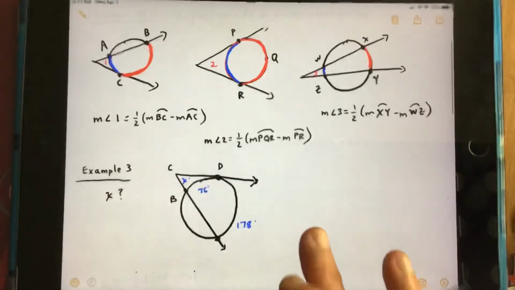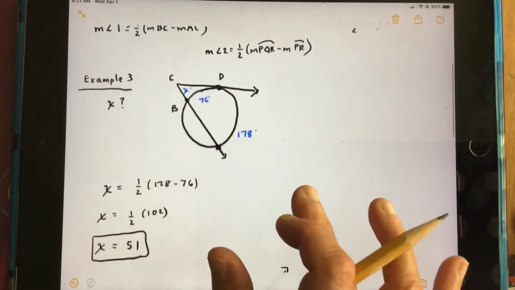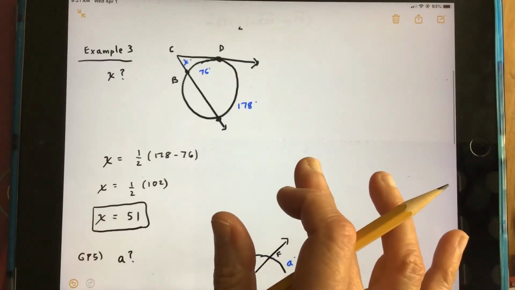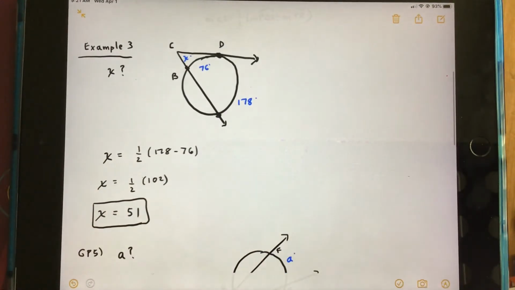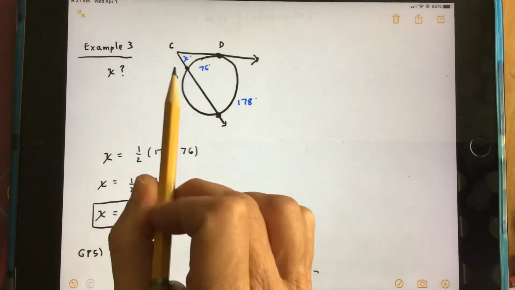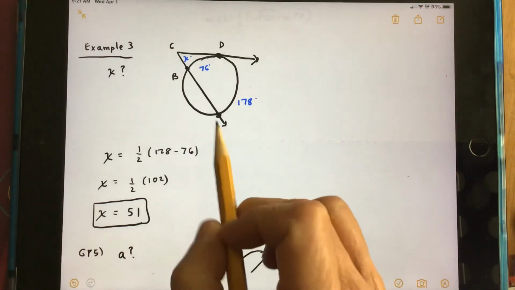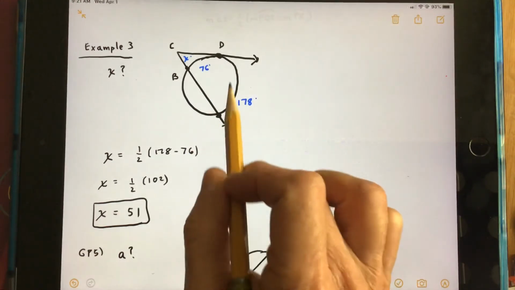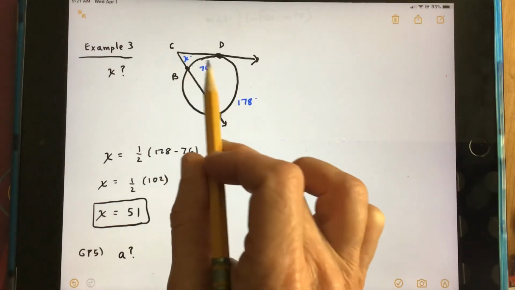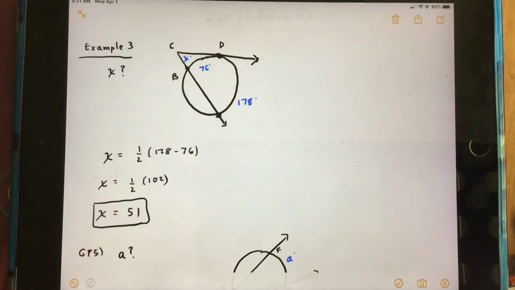All right, let's take a look at a couple of problems so that you can proceed with the homework problems independently. Example 3 asks us to find out what is the value of x. In other words, what is the measurement of this outside angle? Well, we're going to use that theorem that we were just looking at. We're going to find the difference between this arc here and this arc here, and that will give us the quantity that we need.